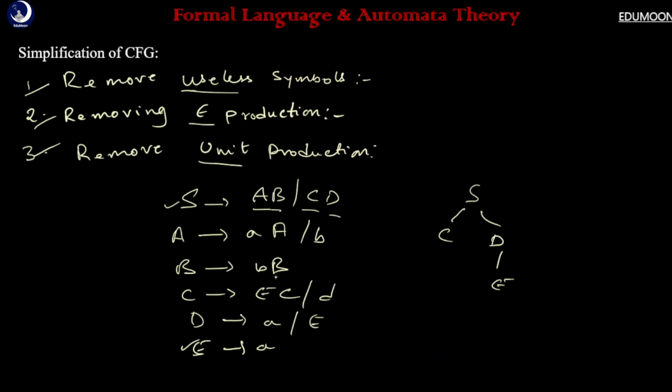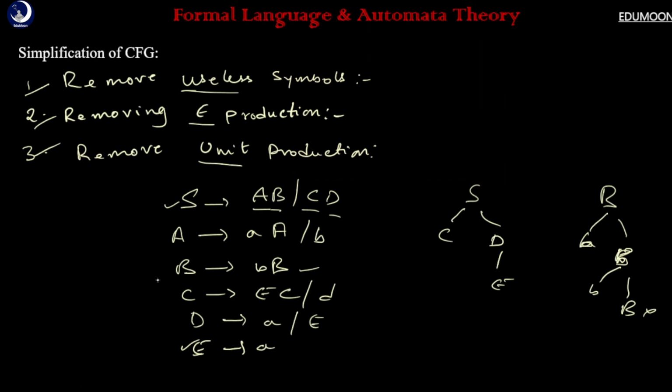Next we see which variables are not generating any terminal. Here you can see the production B is not generating any terminal, because B is generating small b and capital B. Again this B will generate a small b and capital B, a terminal and a variable, and so on. This B can never stop, so we consider it a useless symbol.